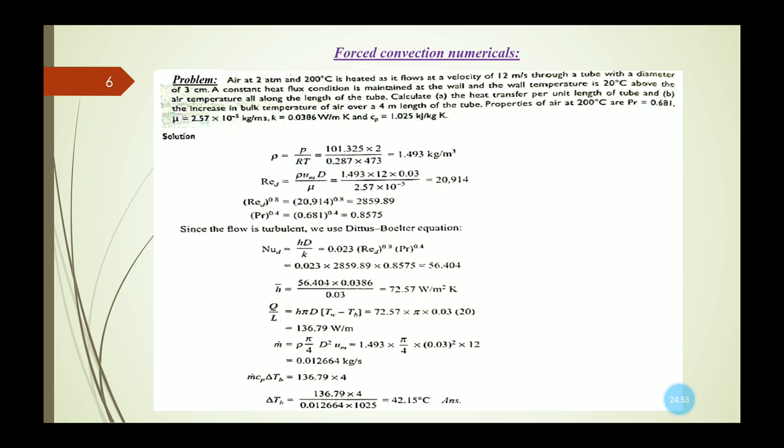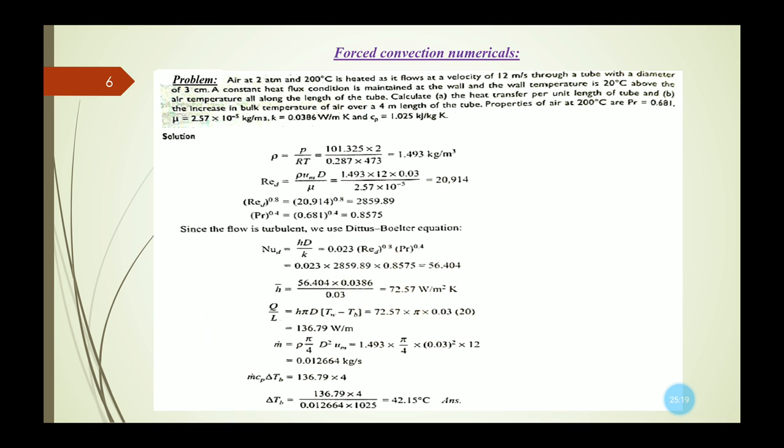So properties of air at 200 degrees centigrade are given. Prandtl number equals 0.681. Dynamic viscosity is given as 2.57 into 10 to the minus 5 kg per meter second. Thermal conductivity is given, specific heat is given. Now here the air density was not given, so we need to calculate it from the values given.